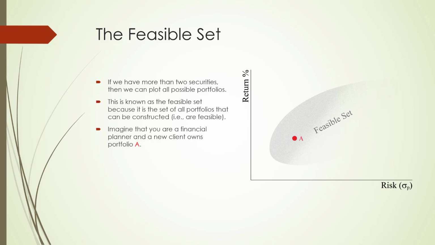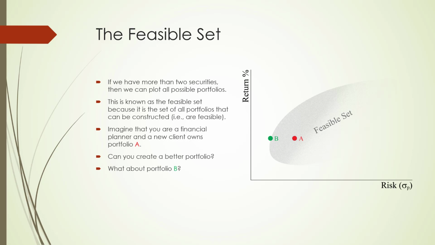And so the shading that I've used here is supposed to indicate that there's an infinite number of portfolios in there. Now, imagine that you are a financial planner and you have a new client that comes in and you start to review the holdings of this new client, and you see that the client owns portfolio A, which is kind of in the middle of the feasible set. The question is, can you create a better portfolio for this client?